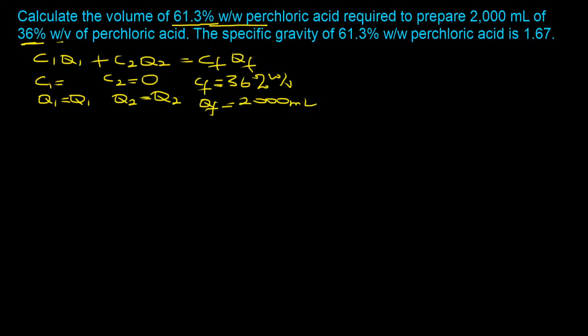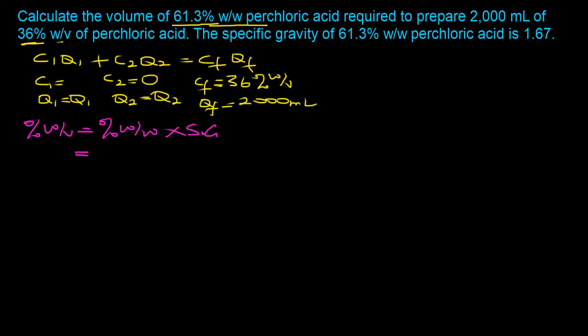So the first thing we want to do here is actually do the quick conversion. Okay. So we'll make use of the equation that says percent weight in volume of the acid should be equal to percent weight in weight times the specific gravity.